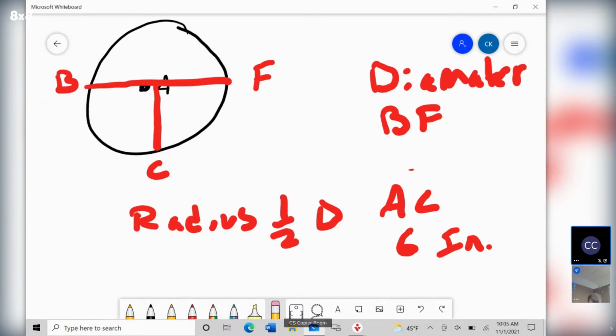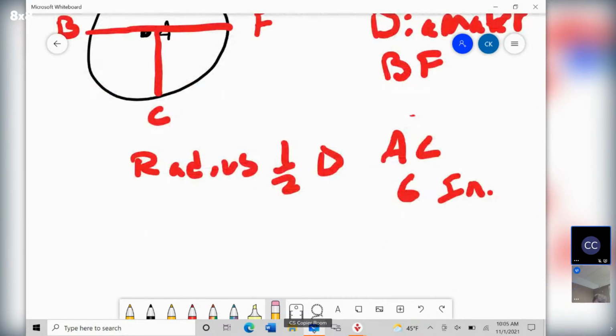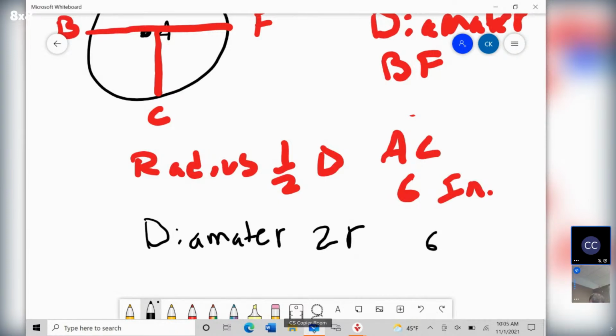But keep in mind, the diameter is 2 times the radius. So in this case, we know the radius is 6. So if we plug 6 into the radius and just multiply that by 2, it's going to give us 12.